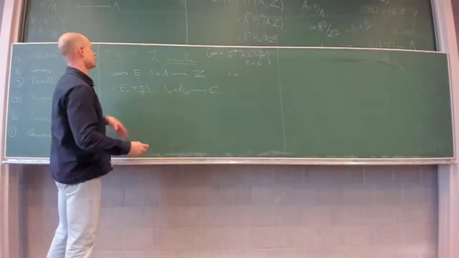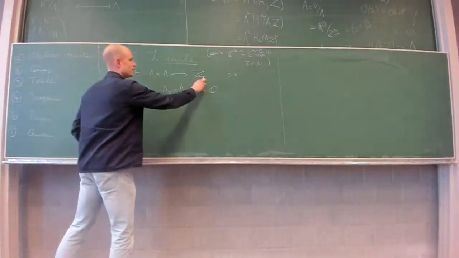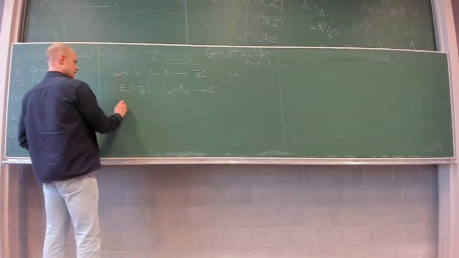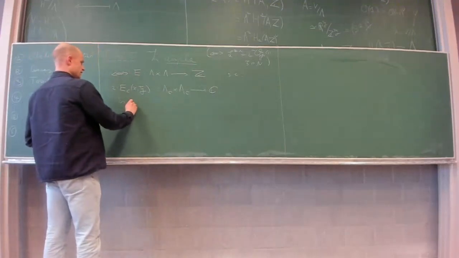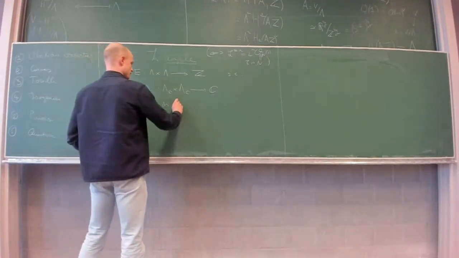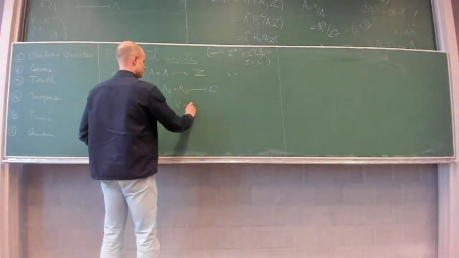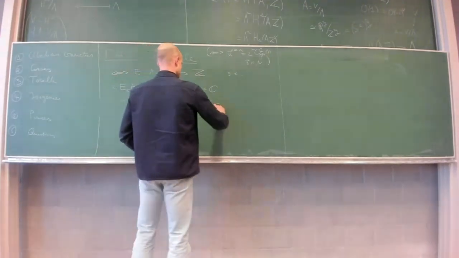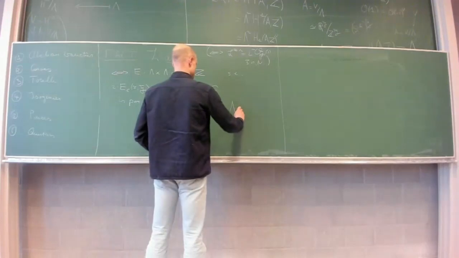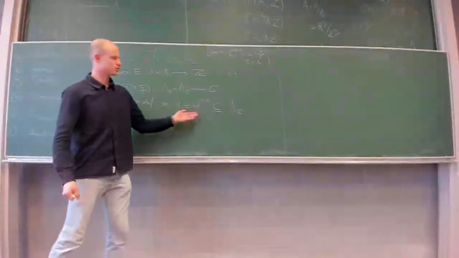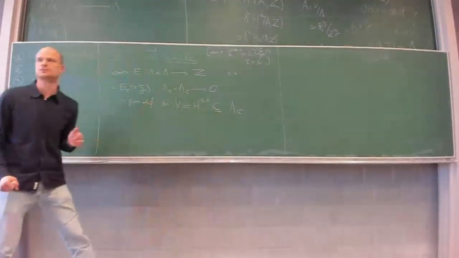That corresponds exactly to the fact that if you look at this alternating form and its C-linear extension, this is positive definite on E, which is exactly this first space in this Hodge decomposition.